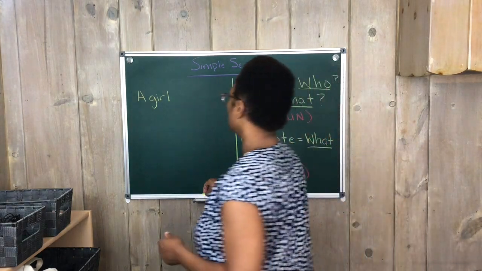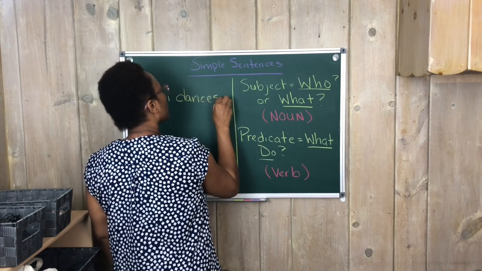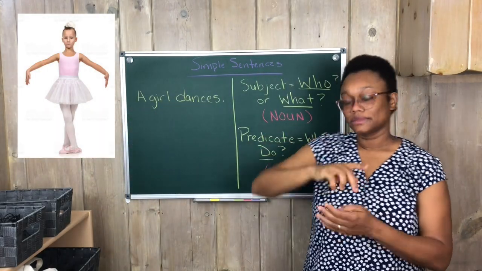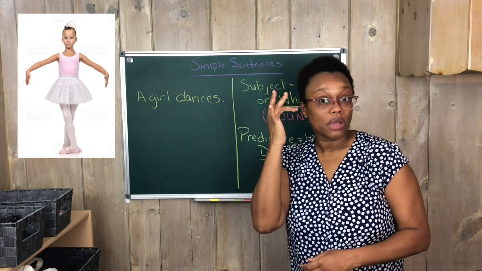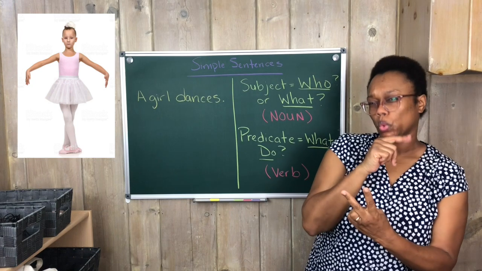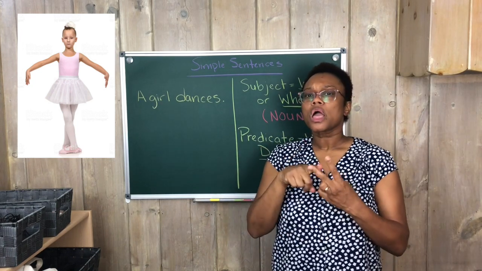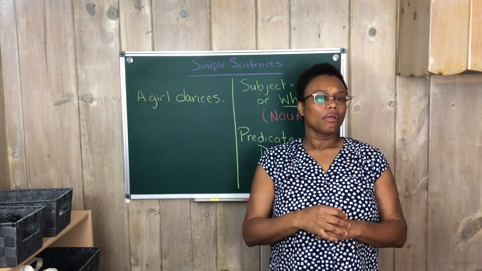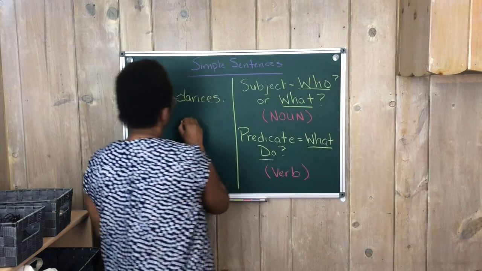So I would have to add dances. Now it's a sentence. Why? Because I have both who, the subject, a girl, and what, the predicate. What is the girl doing? Dancing.